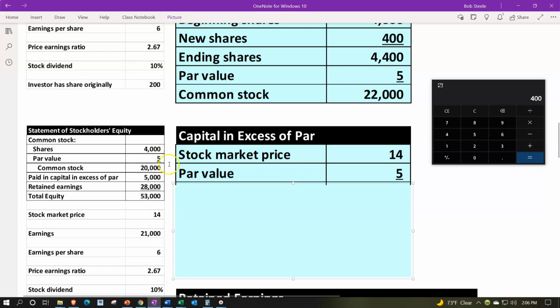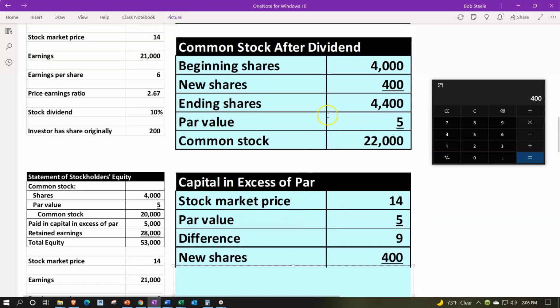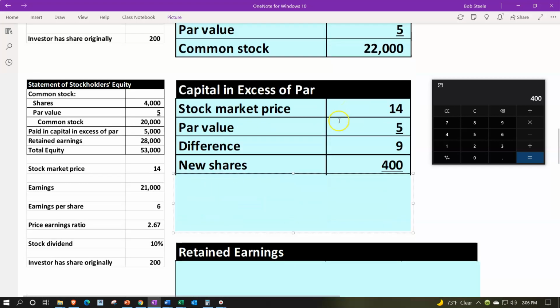So 5 of that 14 is already happening in the common stock or par value. Now we have 14 minus 5, or $9, that needs to take place within the paid-in capital in excess of par calculation. So $9 times the new shares, which we calculated up top to be 400 new shares, means there's going to be a change in the paid-in capital in excess of par of 9 times 400.